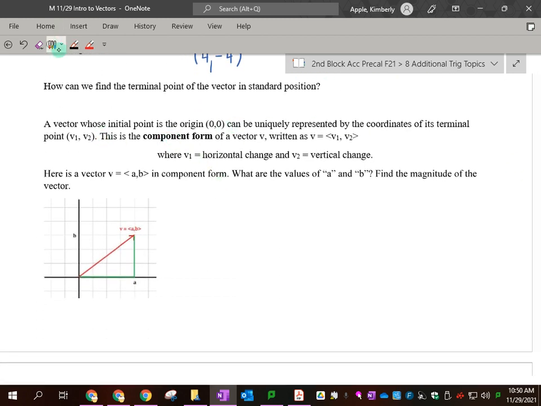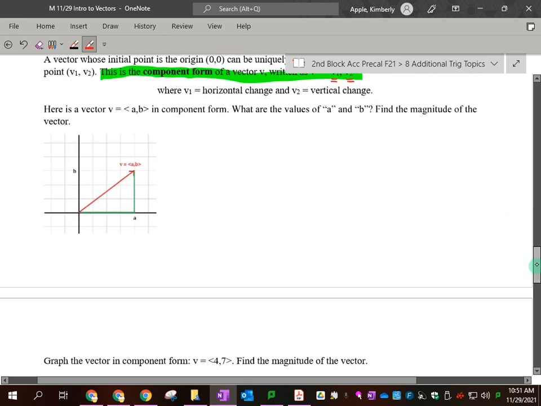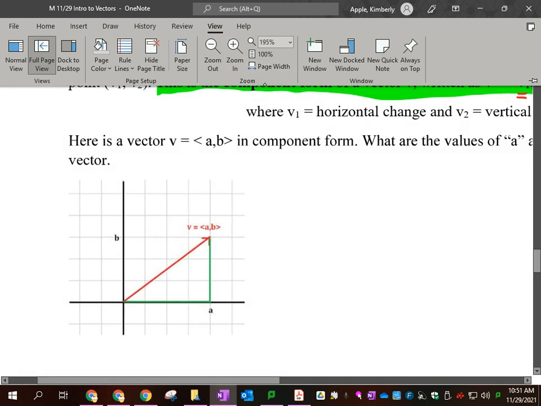The component form, this is important, can be written as <v1, v2>, but it's got these sharp, less-than, greater-than looking signs instead of the parentheses, where this is the horizontal change, just like the x, and this is the vertical change, just like the y. So here we have this vector, and <a, b> is its component form.